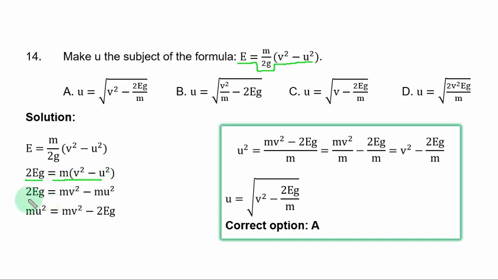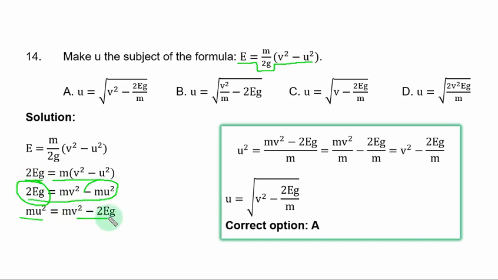If you open the bracket, you get this. We are interested in u, so let's transfer this term to the left. It becomes positive. Transfer this term to the right, it becomes negative.